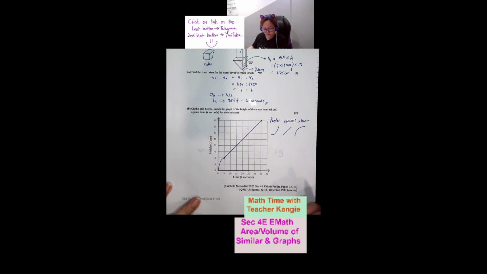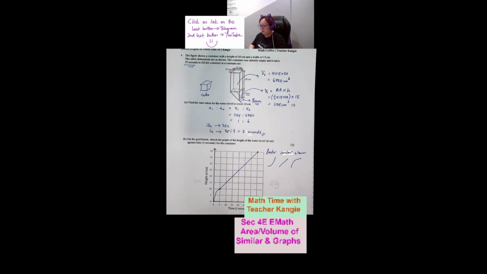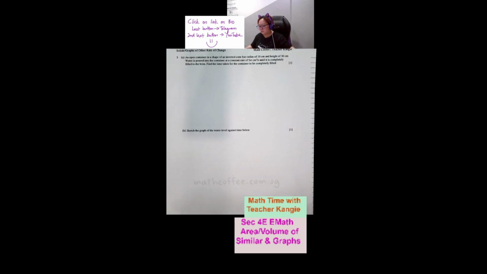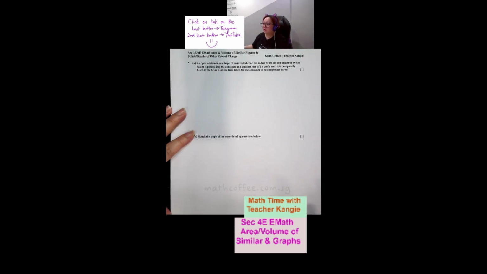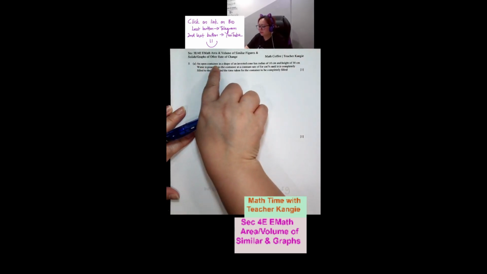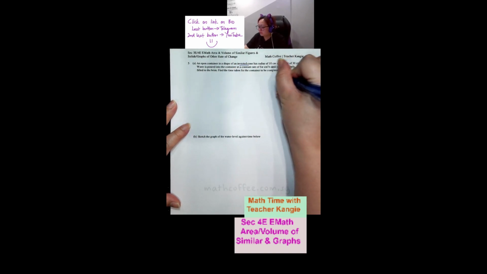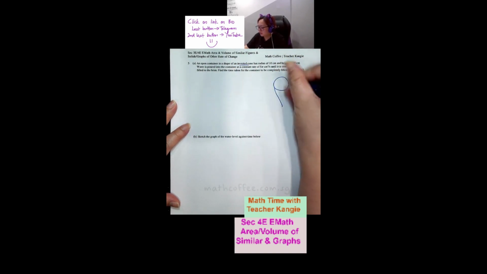Okay. Yay, we shall proceed to our last question. Okay, so now an open container in the shape of an inverted cone. So inverted cone looks like that. I don't draw very well, as long as you know that it looks like a cone.